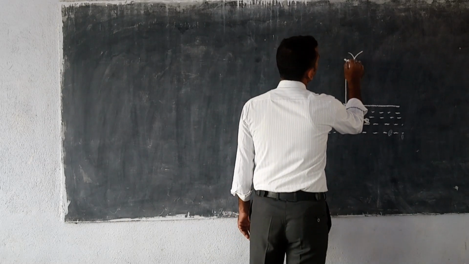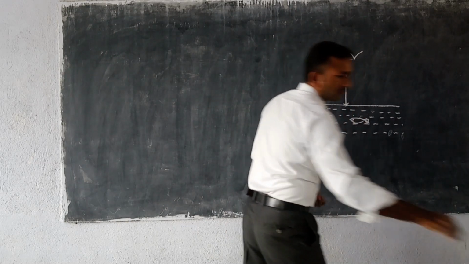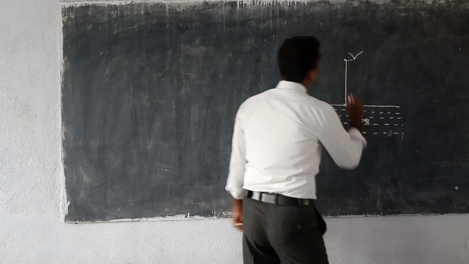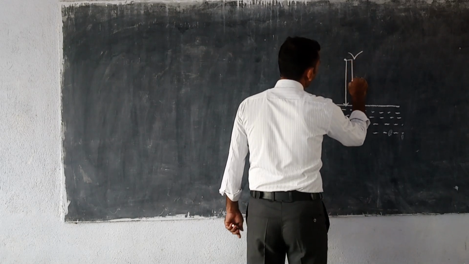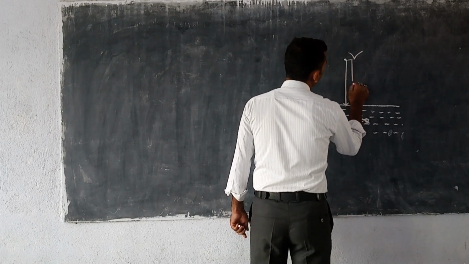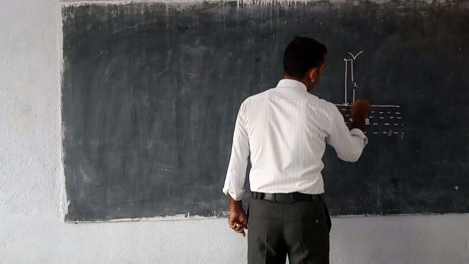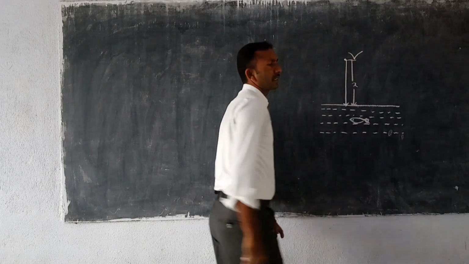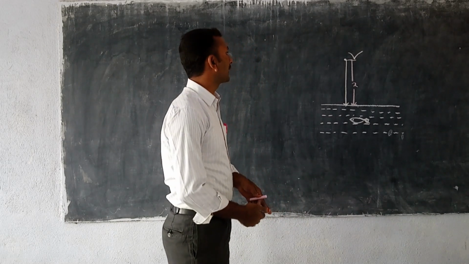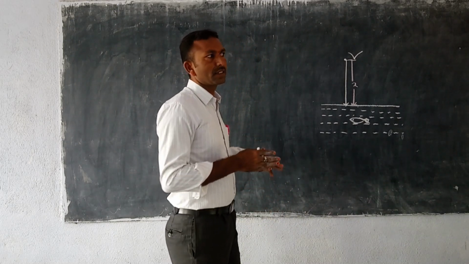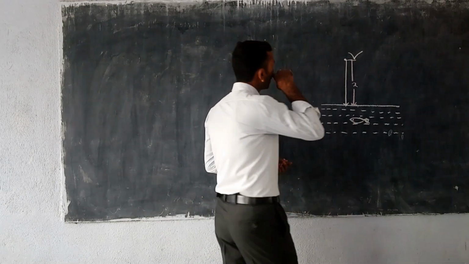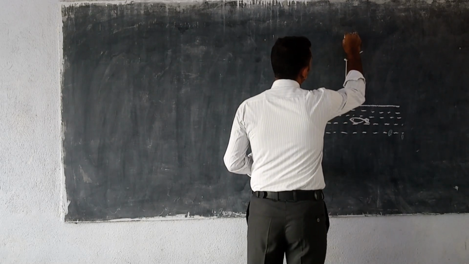This is the object distance, and we take it as x. If we think about the image distance, where will the image be?